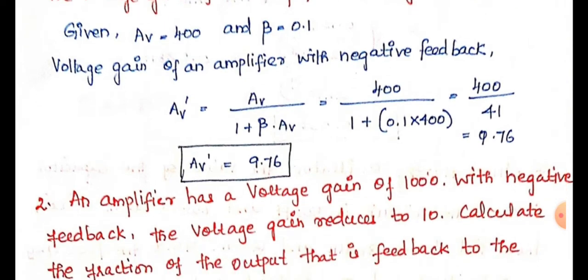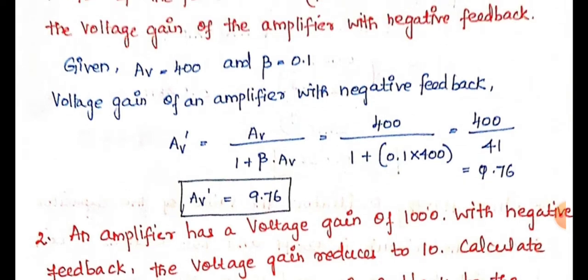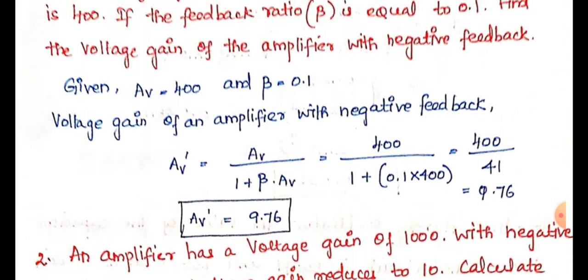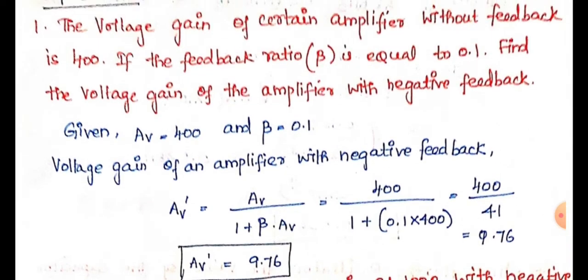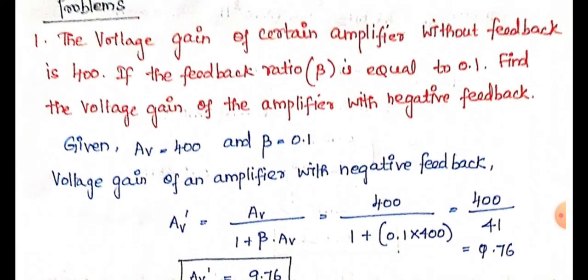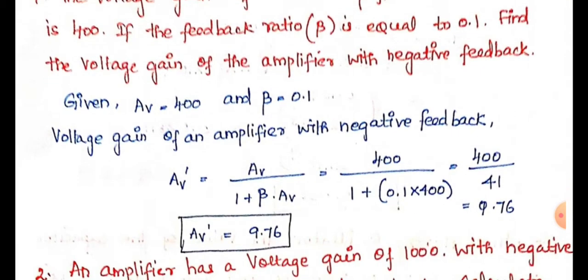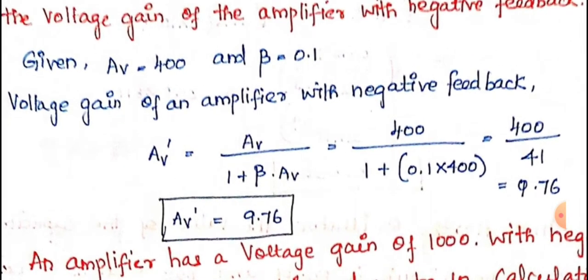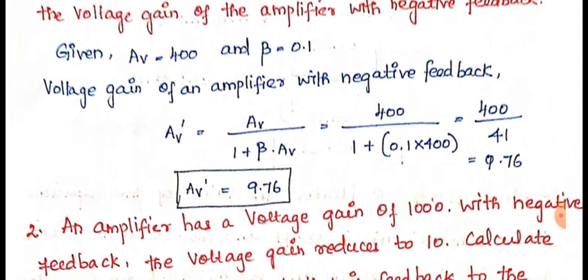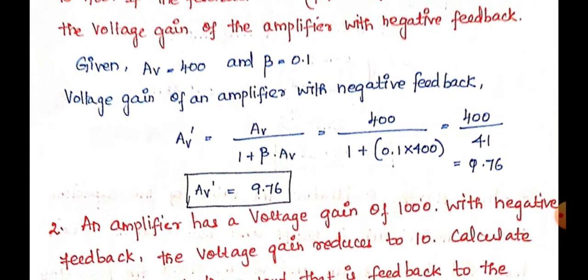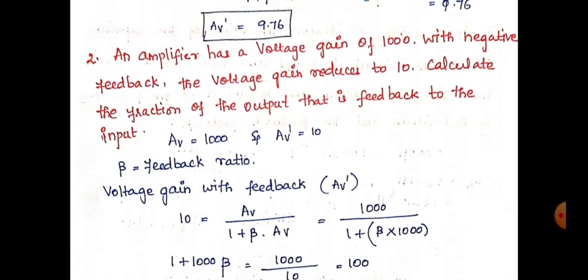AV is given in the question as 400, so 400 divided by 1 plus beta times AV, beta is equal to 0.1, so 0.1 into 400, which is equal to 400 divided by 41. So your AV dash value is equal to 9.76. So the voltage gain of the amplifier with negative feedback is equal to 9.76.